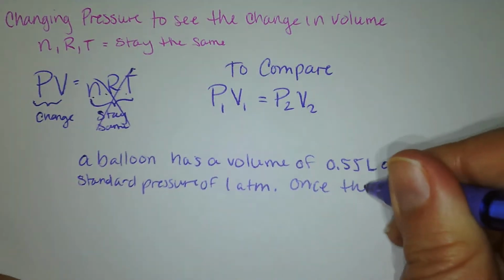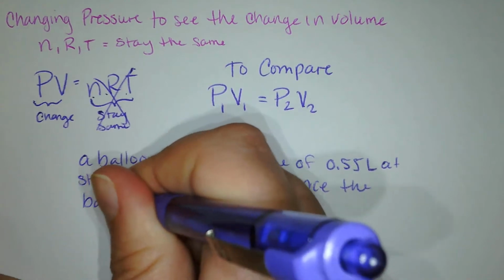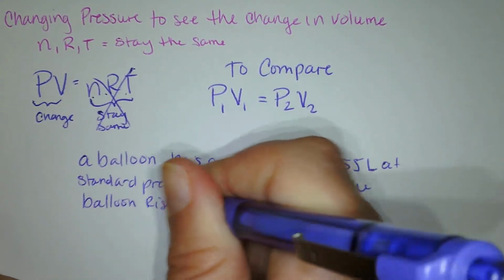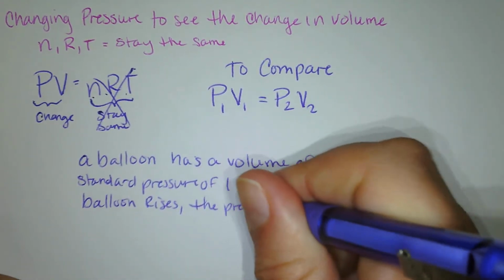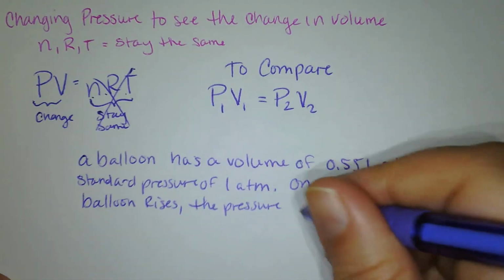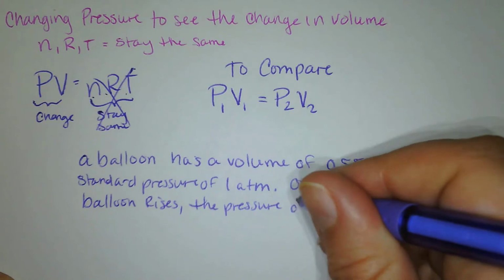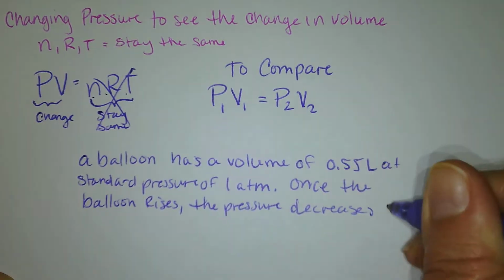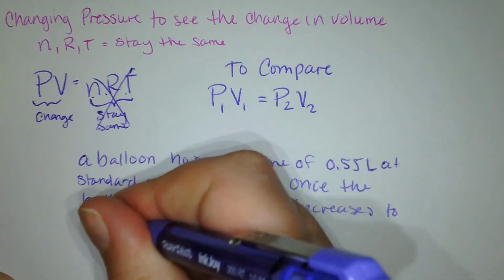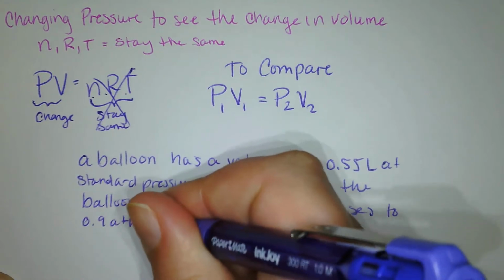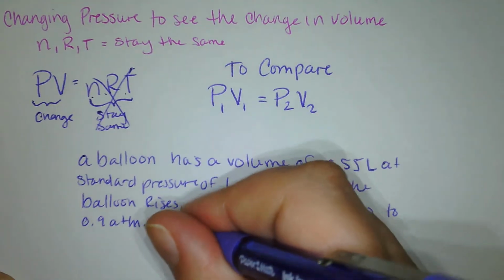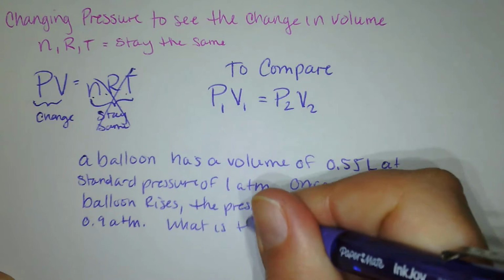Once the balloon rises, the pressure decreases to 0.9 atmospheres. What is the volume?